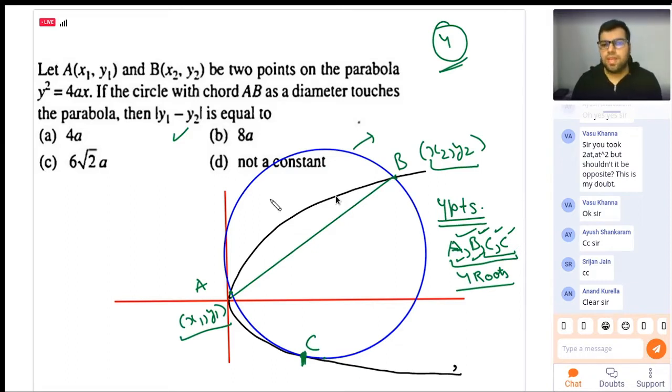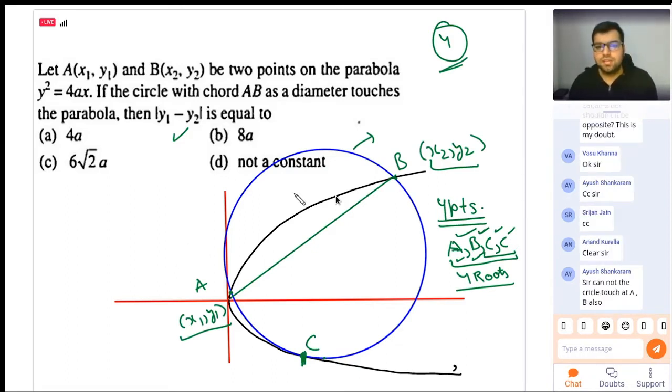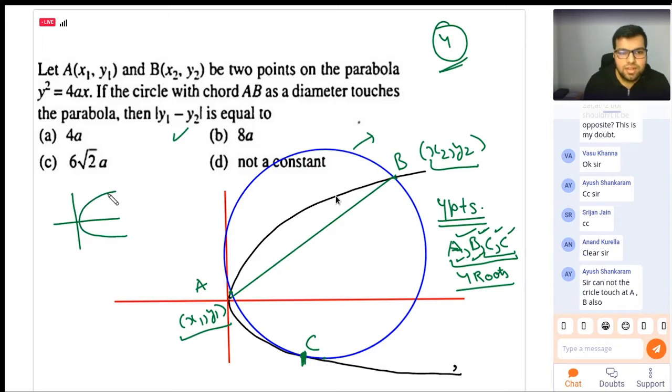Hello Manoj, welcome to the class. Solve this question. Cannot the circle touch at A, B also? Okay, yes. So you may think like this, you draw a parabola, and then they touch over here like this, but it will not happen.